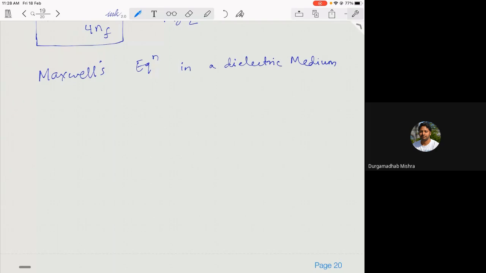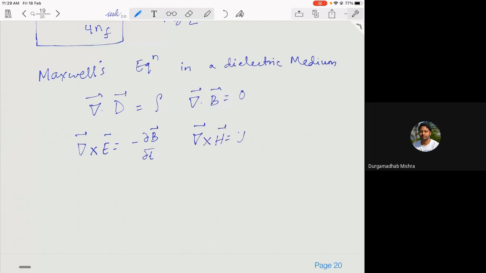We have del dot D equal to rho, del dot B equal to 0, del cross E equal to minus del B by del t, and curl of H equal to J plus del D by del t.